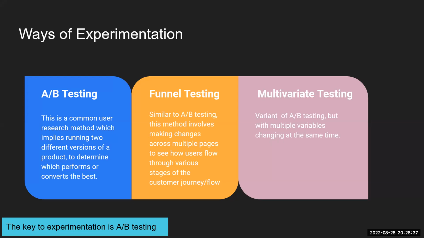Then we have the funnel testing, which also takes its origin from A/B testing. Funnel testing basically involves testing across multiple pages to see user flow through various stages. So what do we mean here? In A/B testing, I have only two UIs, for example, and I'm testing on either the call to action or the color. I may even be testing the creatives on those UIs.